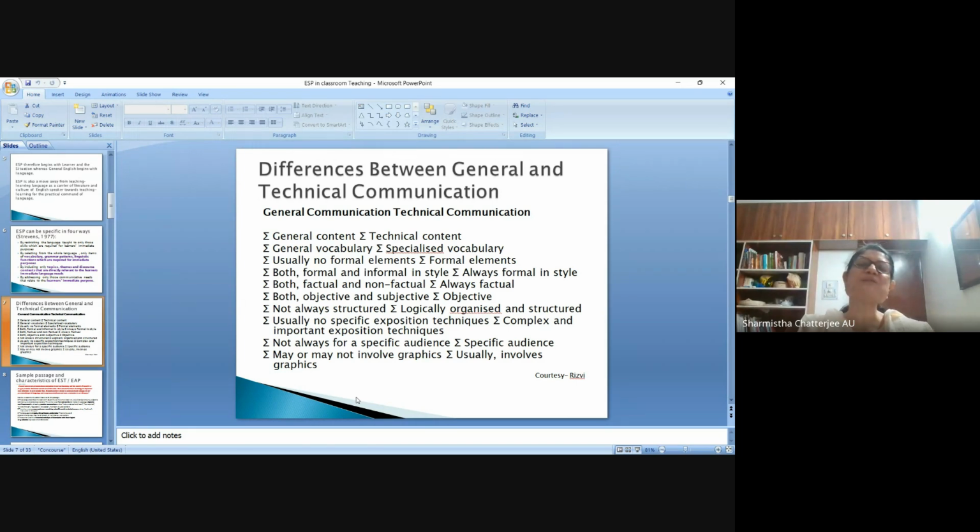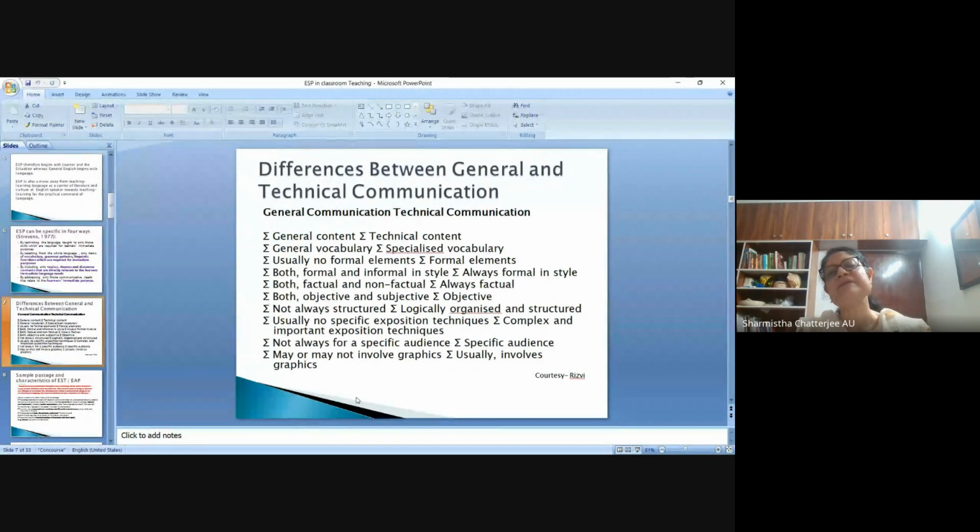So there's a difference between general and technical communication. Keep in mind there are people in this course who are from languages like me, but I am catering a bit more into technical, right? So if you see, the left would give you the characteristics of general English, and the right would give you the characteristics of technical communication.